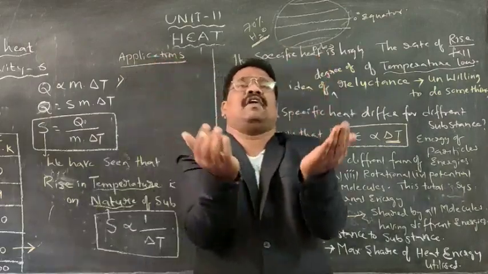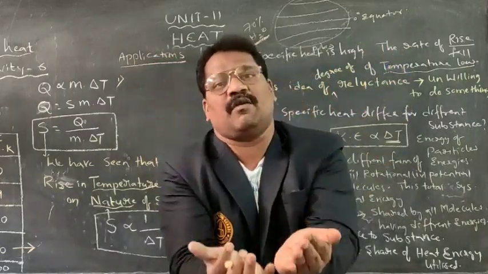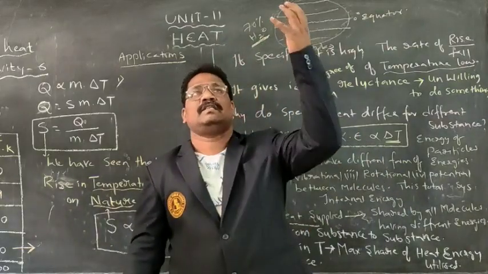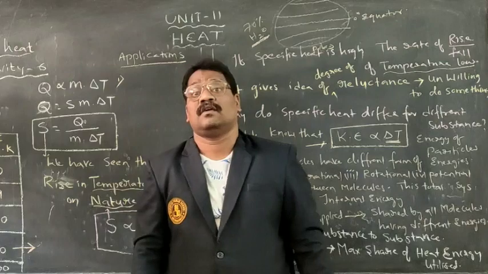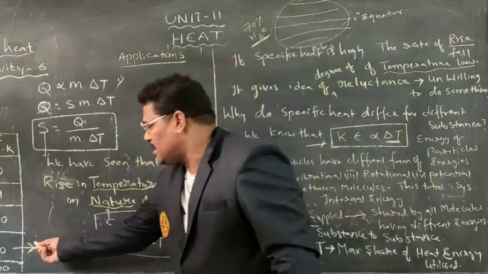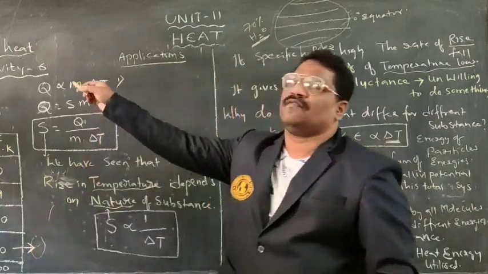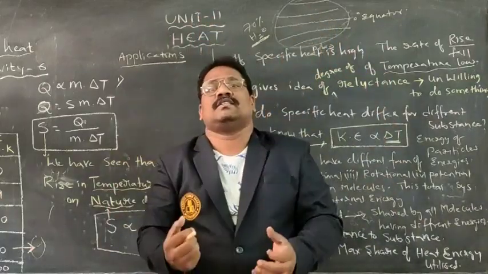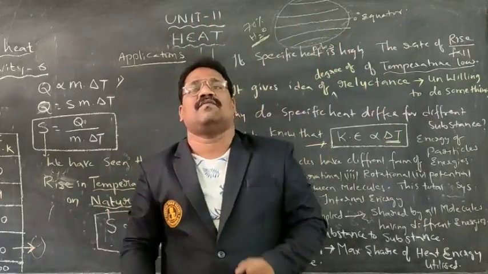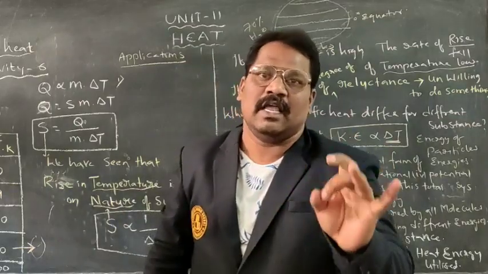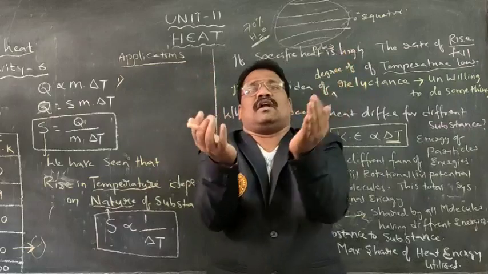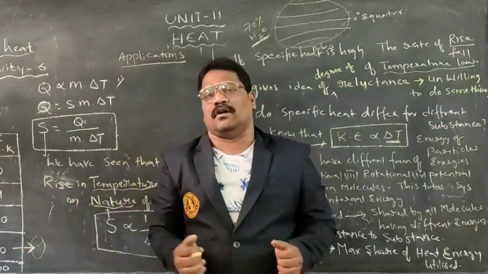But as 70% of the earth is covered by water, when sunrays fall on the surface of the earth, we know that the specific heat of water is greater than that of any other substance. This water exists around the earth in the form of what? Oceans, lakes, rivers, and so on. So a maximum quantity of water covers the earth.